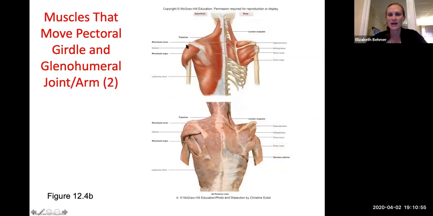I'm going to go ahead and show you a posterior view of it. The supraspinatus, infraspinatus, teres minor, and teres major are big ones that help to stabilize your shoulder and the glenohumeral joint.